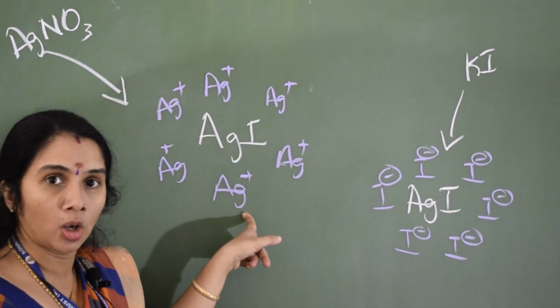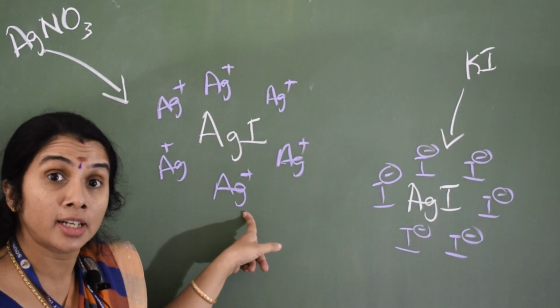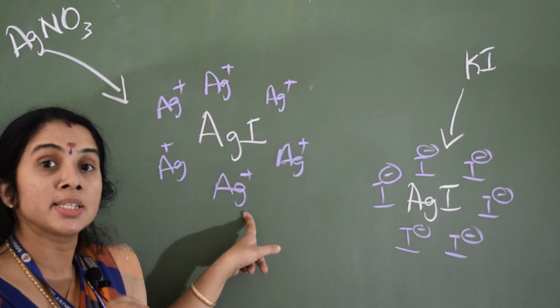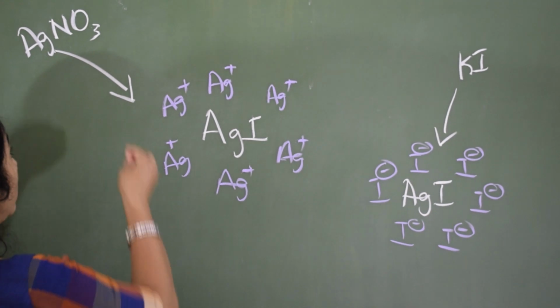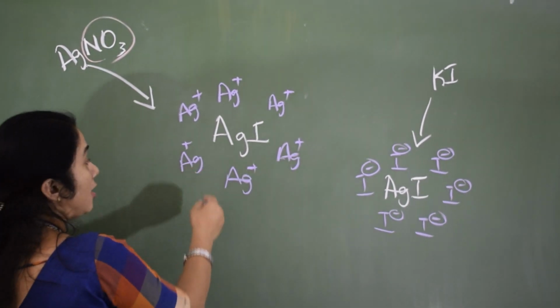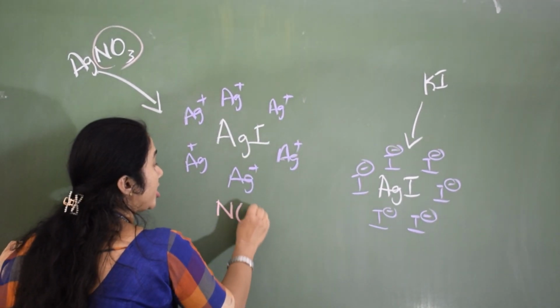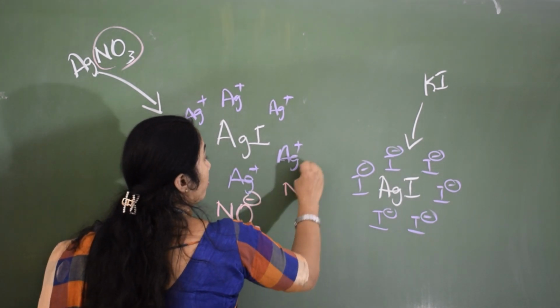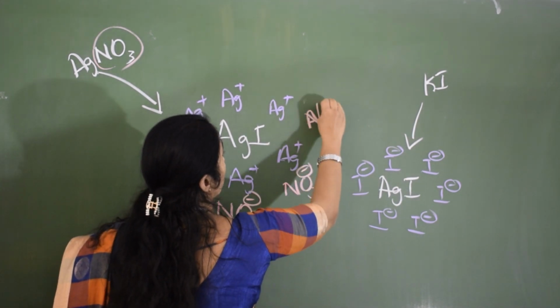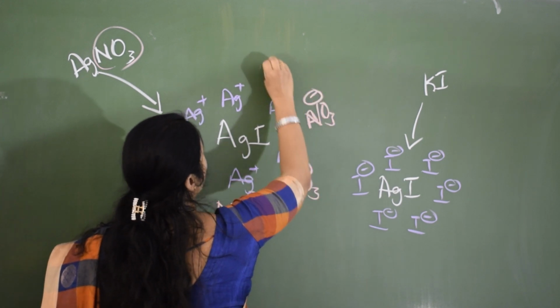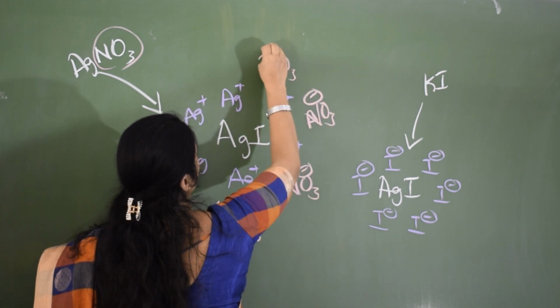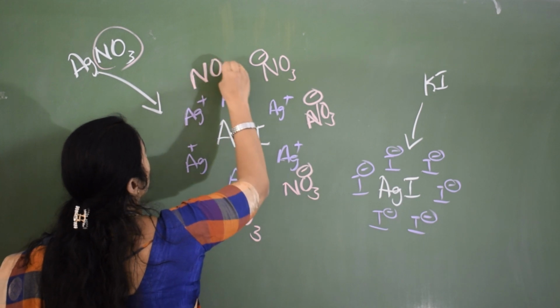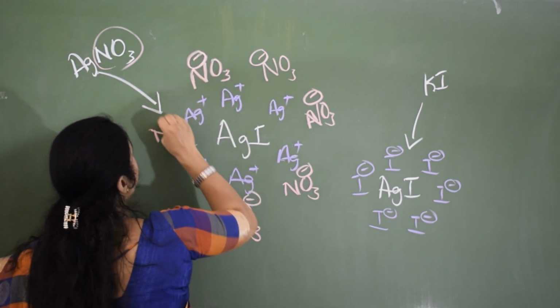These silver ions can attract the counter ion present in the solution. Which is the counter ion? Nitrate, NO3 minus. So this silver ion attracts the nitrate ion, which gets adsorbed on it, giving the colloidal particle a negative charge.